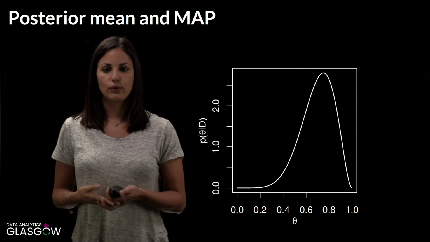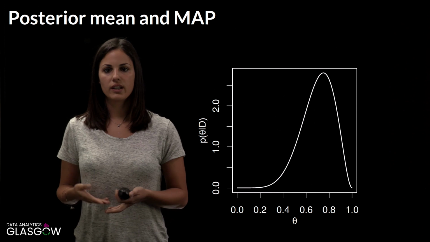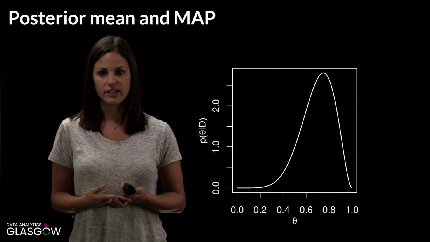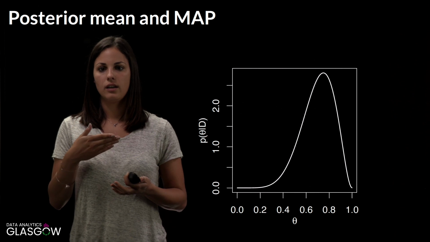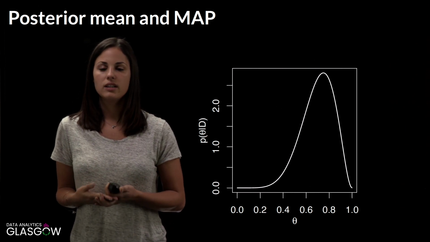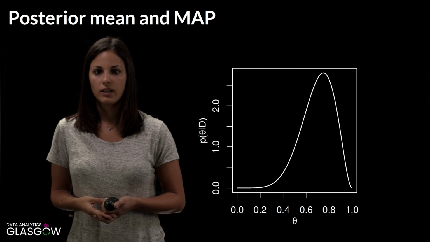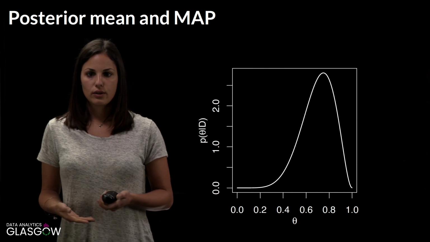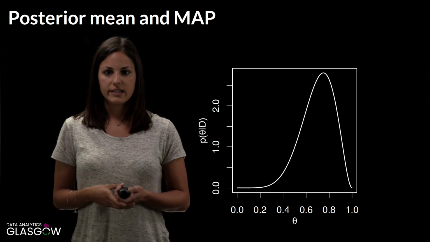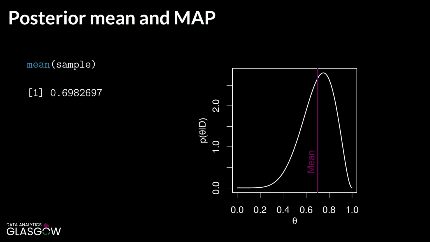We have already seen that for a beta distribution, we can evaluate the mean, which is our first point estimate, by finding alpha divided by alpha plus beta, which gives us 0.7. However, when that's not the case, we can obtain the posterior mean estimate by obtaining a sample from our distribution and using the mean function in R. We can see that the estimate is very close to the actual value of the mean, however, it is not exactly 0.7 as it is only an estimate.